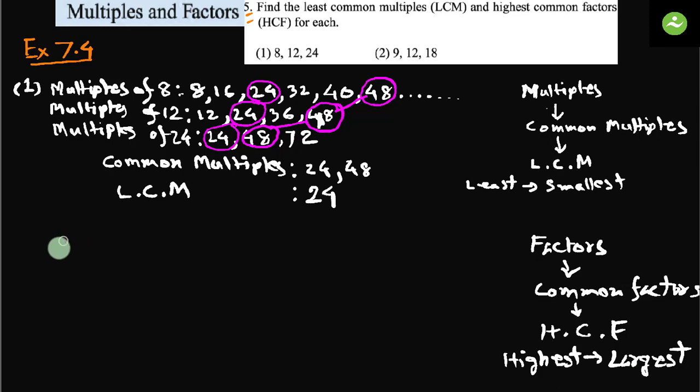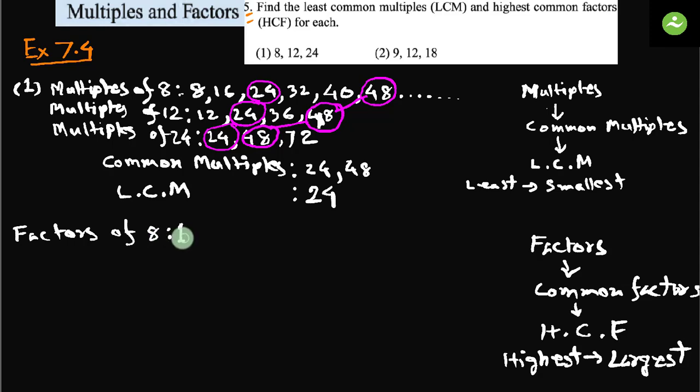Okay, now factors of 8. How to find the factors of a number? If we divide that number by 1, and if there is no remainder, then that is a factor of 8.